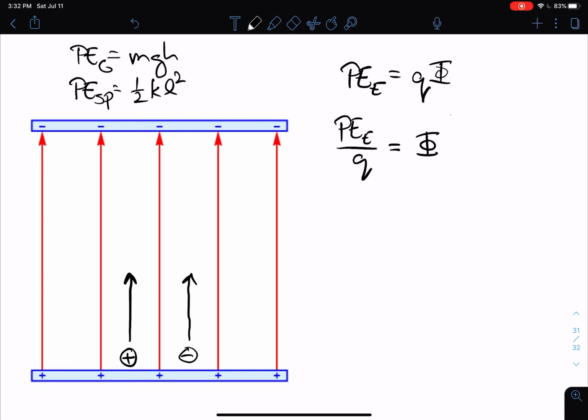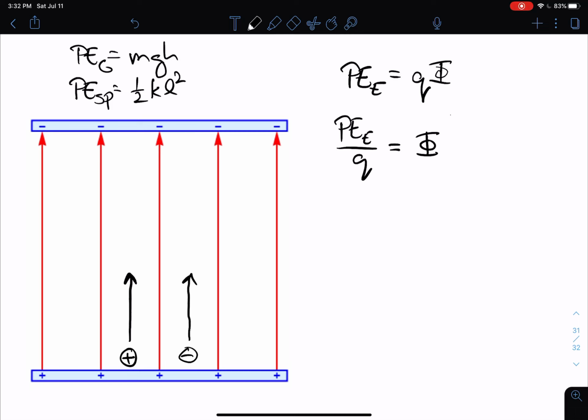It doesn't matter. If it's moving that way, its electric potential energy will actually increase because it's getting closer to these other negative charges, which repel each other. The negatives repel each other. So by moving it up closer to them, I'm increasing its potential energy. So that can be a little confusing.